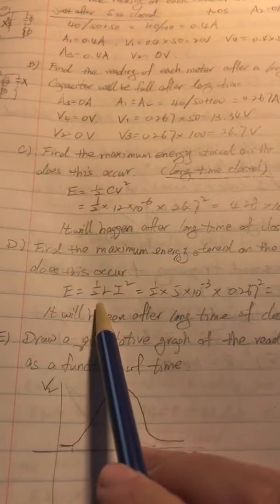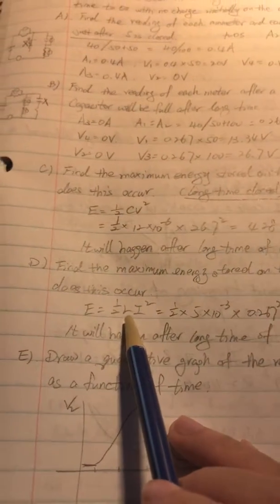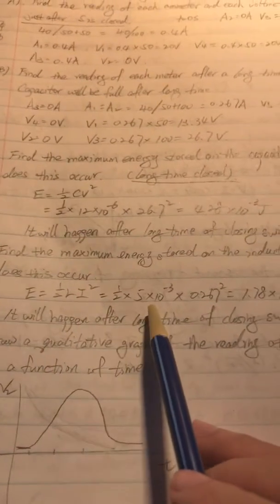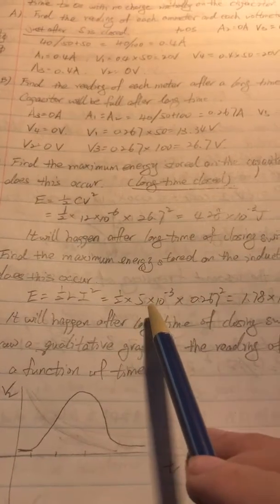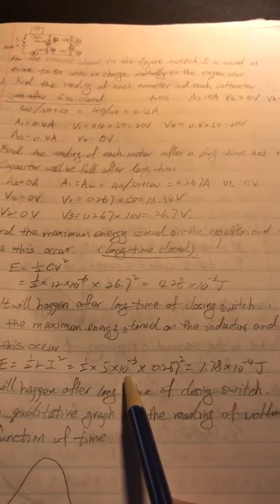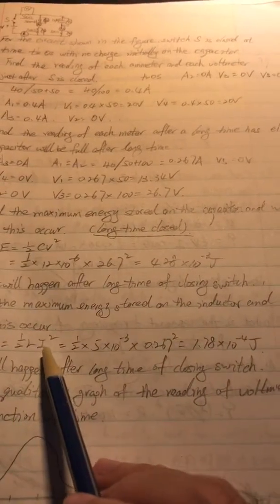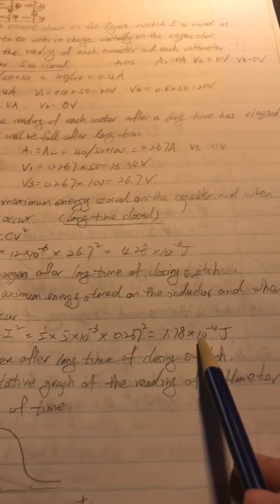The energy is equal to inductance times the current squared over 2, and also plug in the numbers, 5 times 10 to the negative 3, and the current 0.267, and we'll get the energy.